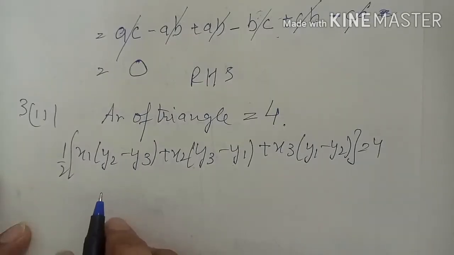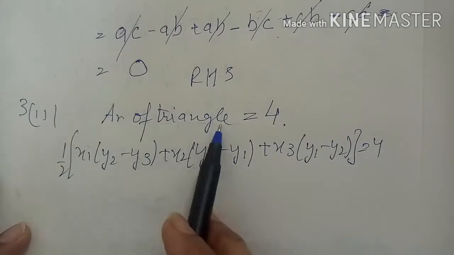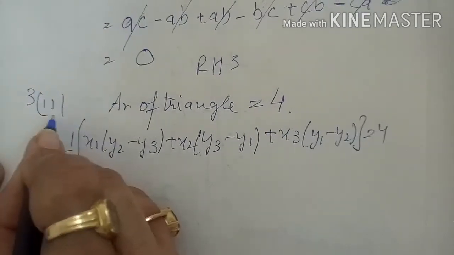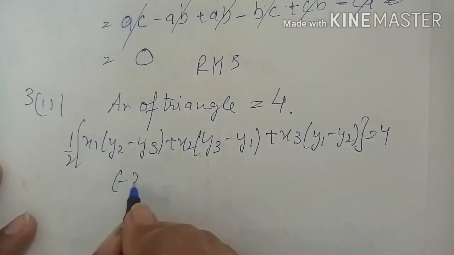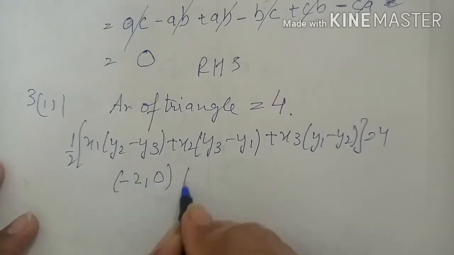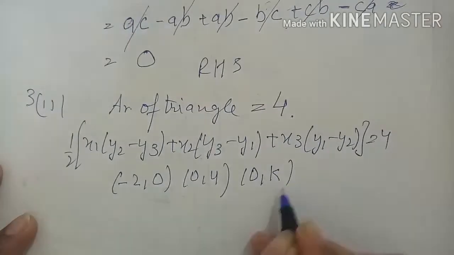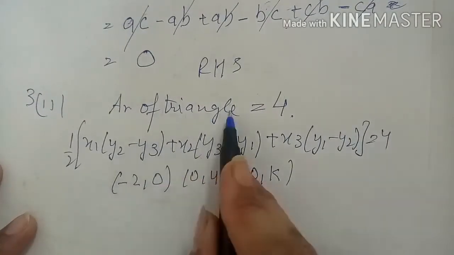Now next, question number 3, he is asking the value for K if the area of triangle is 4. 3 points are given, this is the second part: -2 0, then 0 4, and then 0 and K. So we have to find this K if area of triangle is 4.